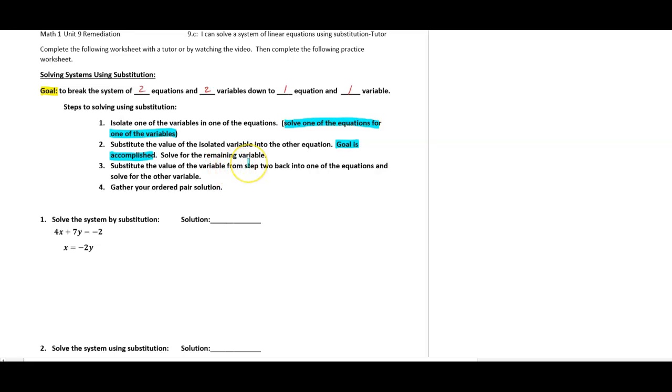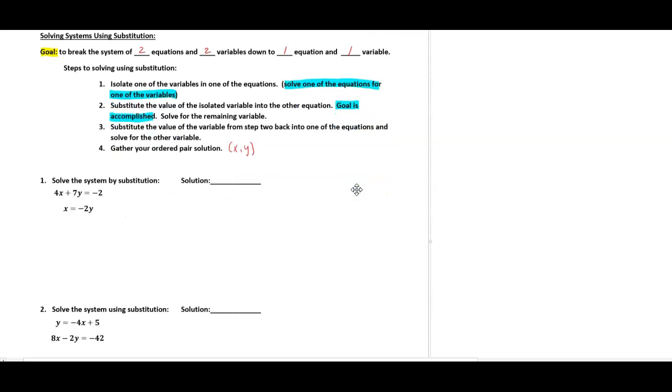And that will allow us to solve for one of the variables. Then we're going to substitute the value of the variable from that step 2 back into one of the equations and solve for the other variable. Then you will gather your ordered pair solution x, y.